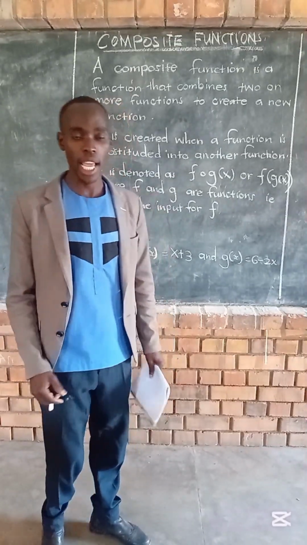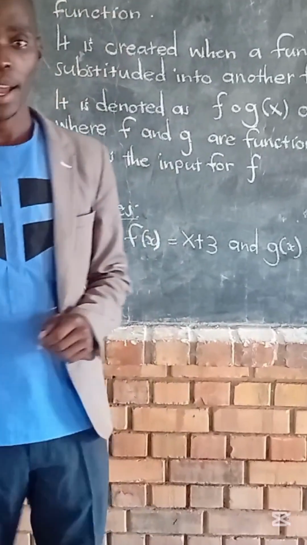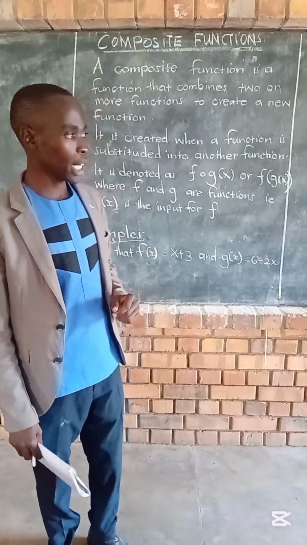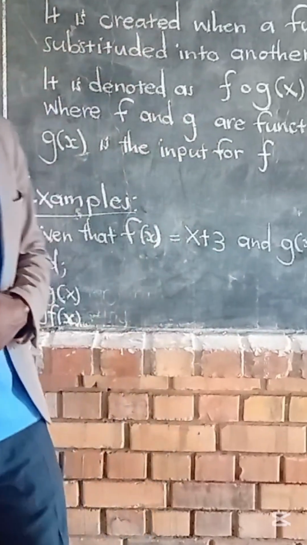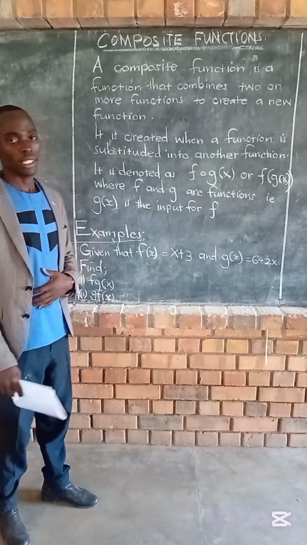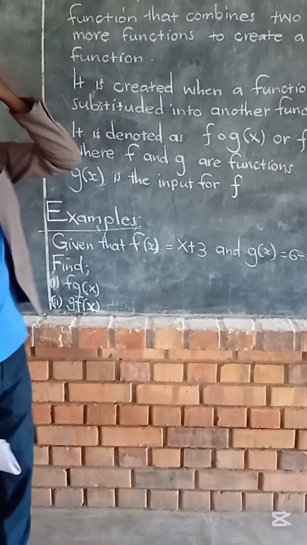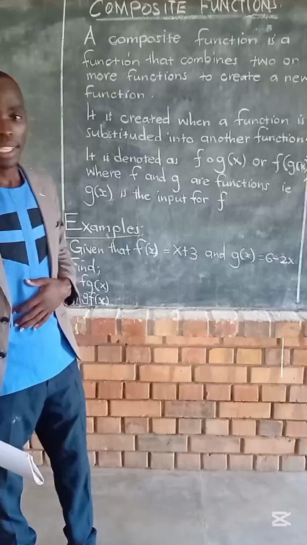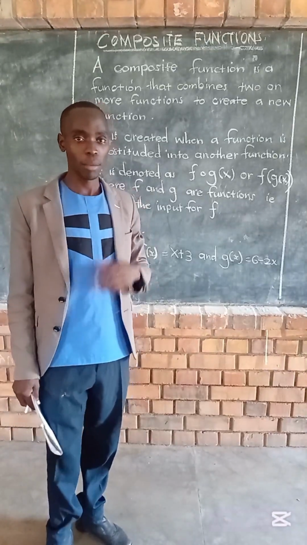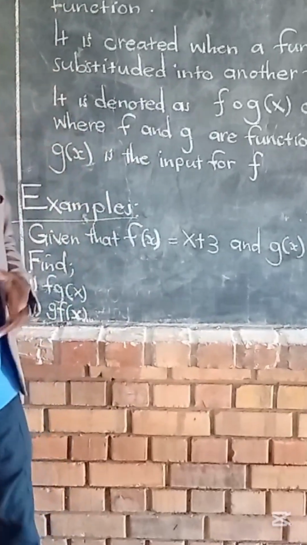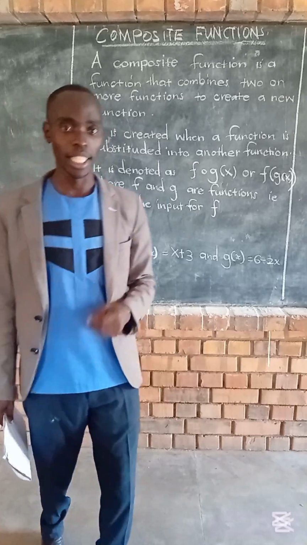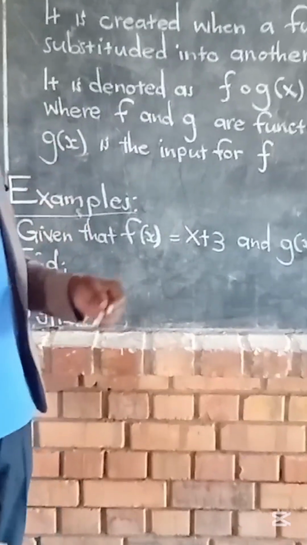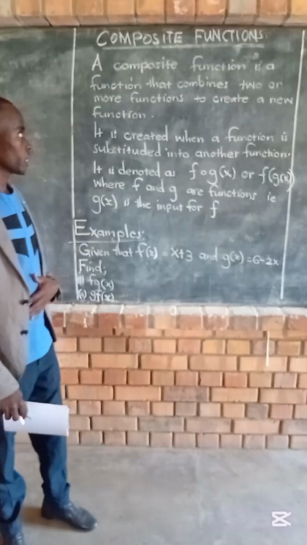So today we are going to handle a subtopic under functions which is called composite functions. Dear learners, some of you have ever looked at what we call composite functions, but let's still study or make a review on composite functions.